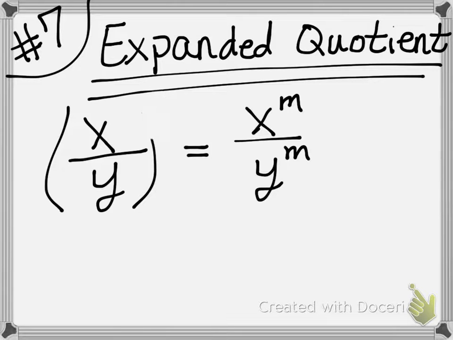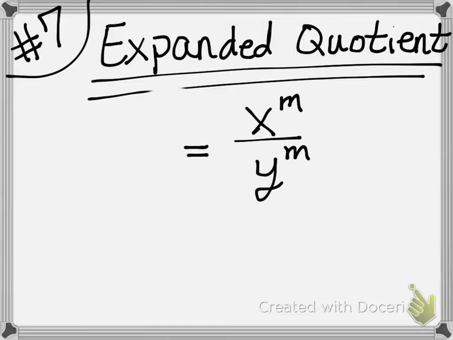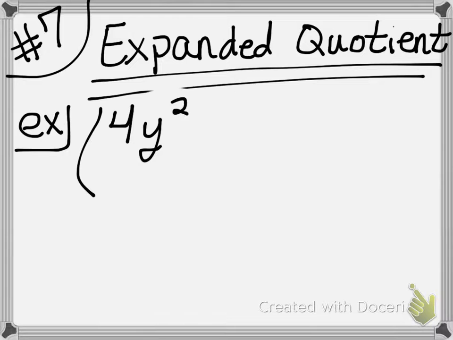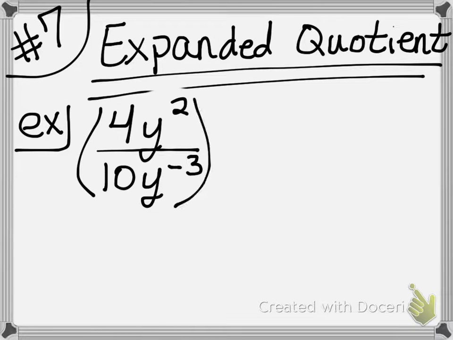Now I'm going to erase this because I need lots of room for this example. This problem is going to use a lot of information. Now, there are two ways to do this.